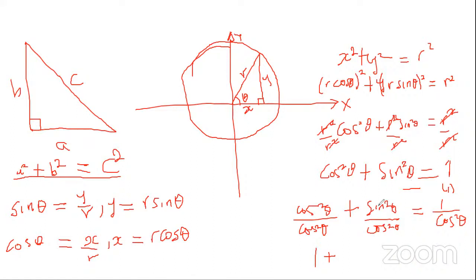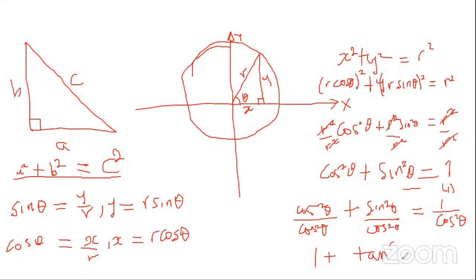Okay, so we know that sine over cos is tan.